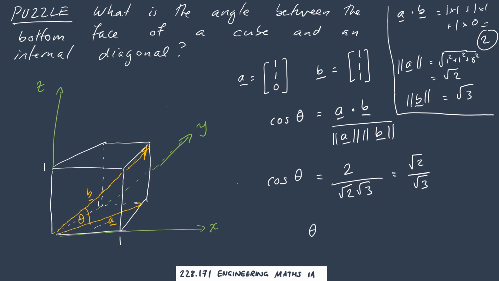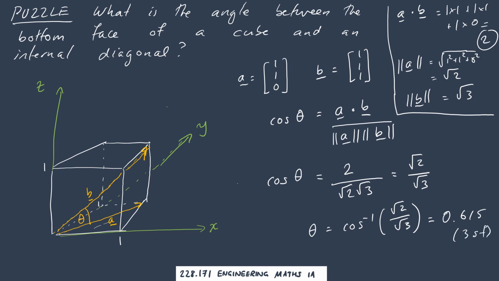And so theta is equal to the inverse cosine of root 2 on root 3, which, if you plug it into a calculator and make sure you're in radians mode, will get you approximately 0.615. I'm just going to state that to 3 significant figures.